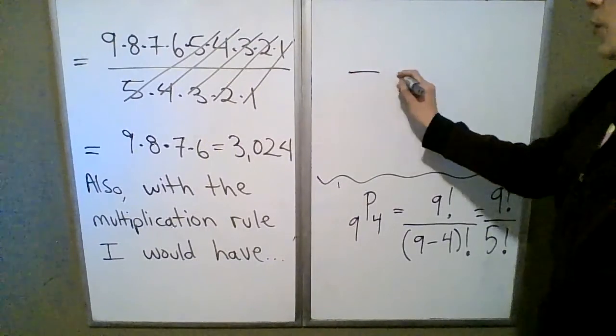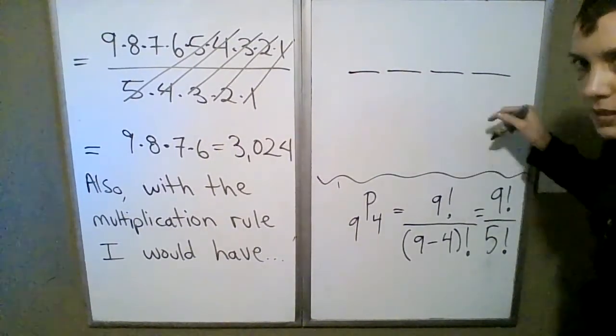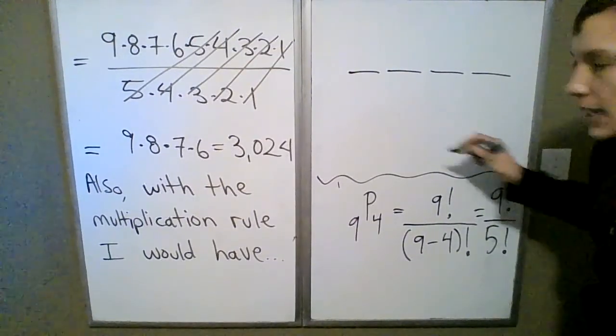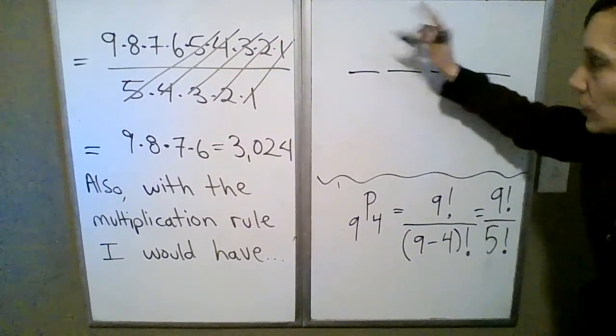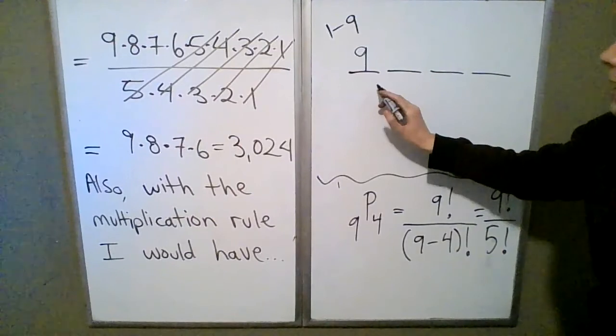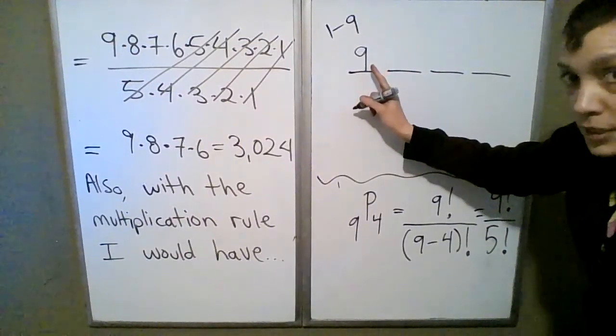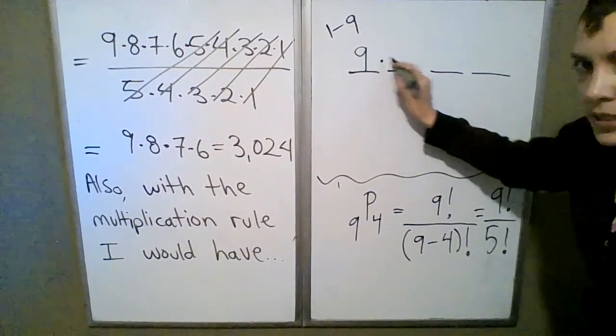So I've got 4 spots, 4 dials to put in the code. In the first part, I've got 1 through 9 to choose from. So I've got 9 options. And once I pick one of those digits, I can't use it again. So in this place, I only have 8 digits to choose from.